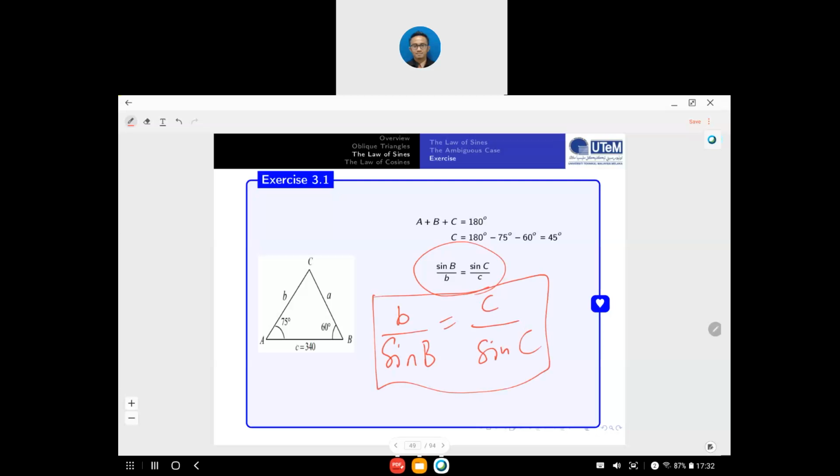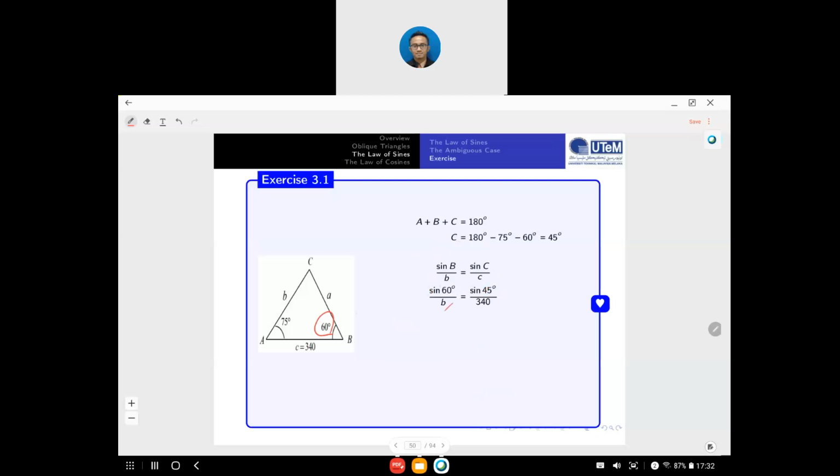Okay, so we can substitute sin B equals 60, over b we don't know, sin C equals 45 from here, and then the length c is 340. So you can get the value of b here, whereby b equals 416.41.